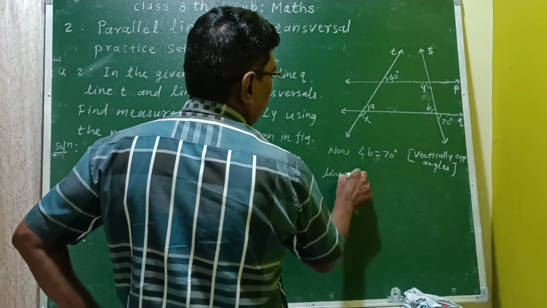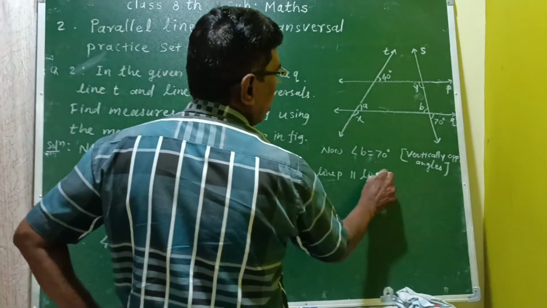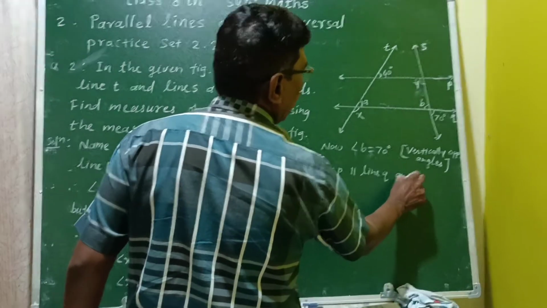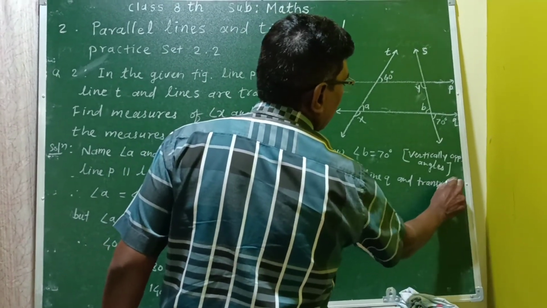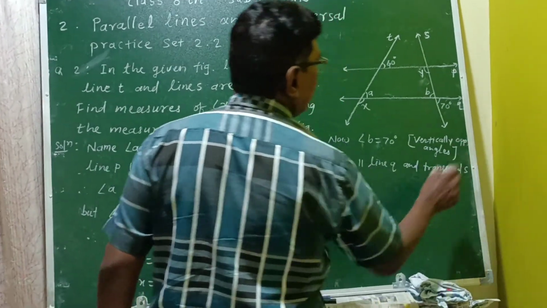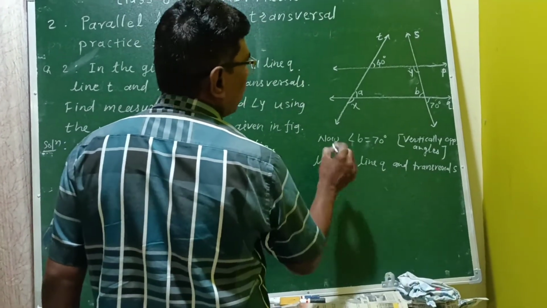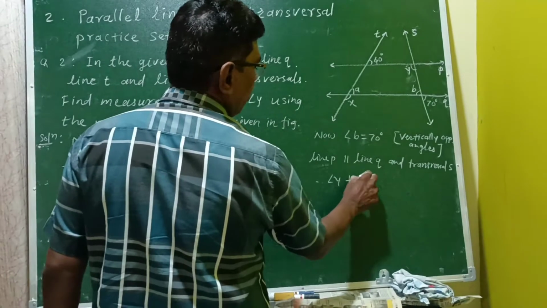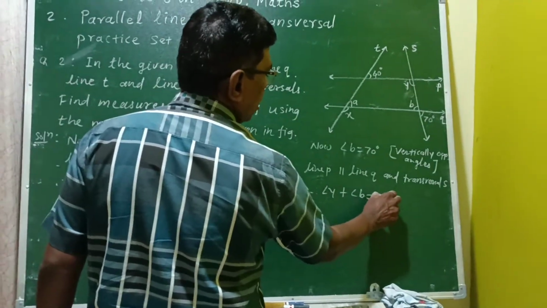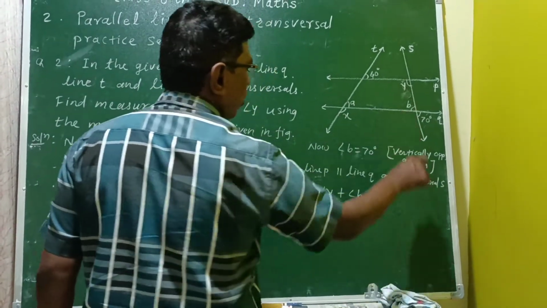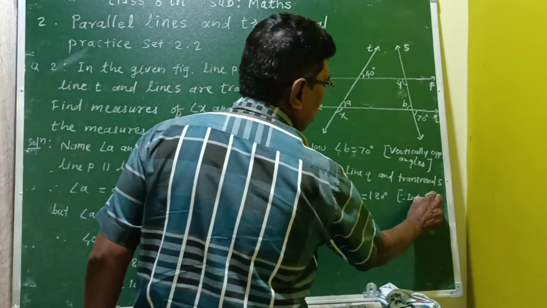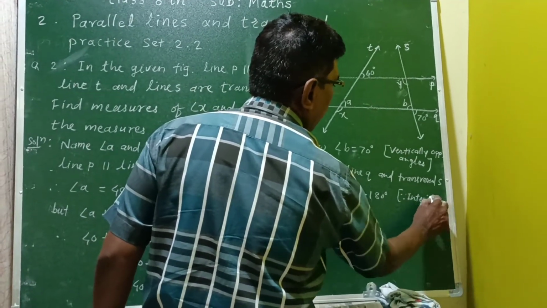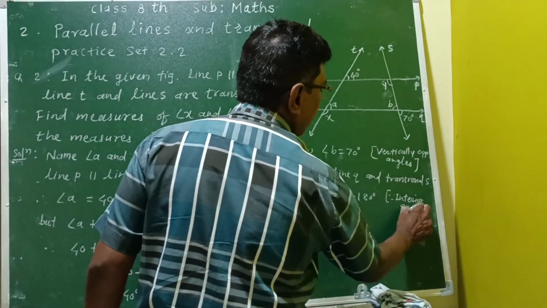Now, line P is parallel to line Q and transversal S. Therefore, angle Y plus angle B is equal to 180 degrees because these two angles are interior angles and interior angles are supplementary.